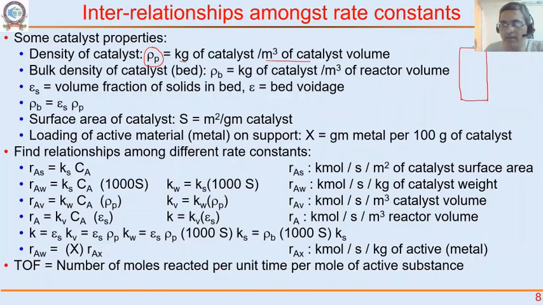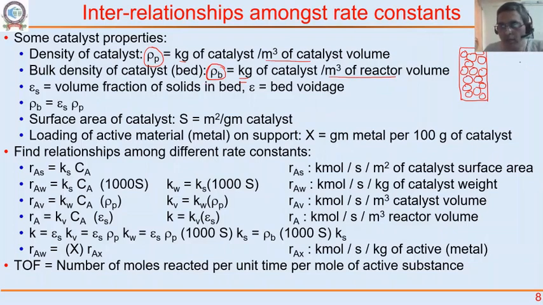This reactor has a certain volume and the catalyst particles are packed in that reactor. So in terms of an actual commercial reactor, what is important is how many kgs of catalyst are there per unit reactor volume. So we call that the bulk density of the catalyst. We denote that as rho b.